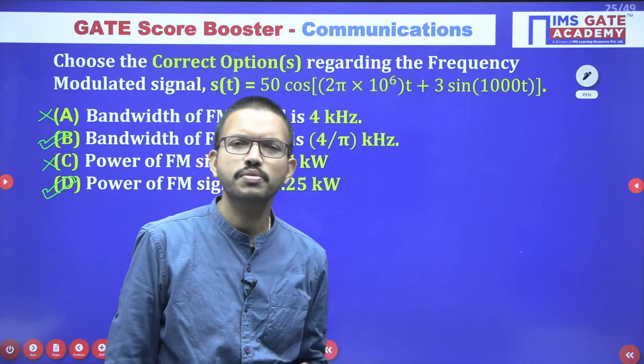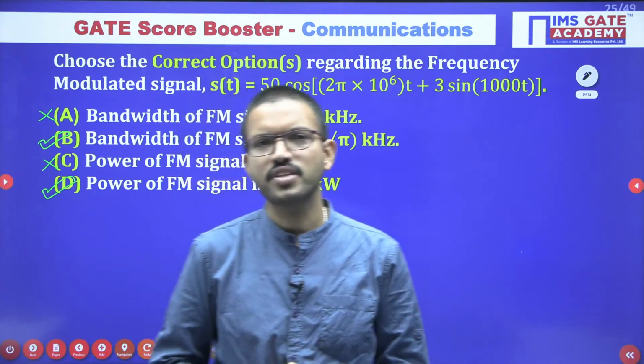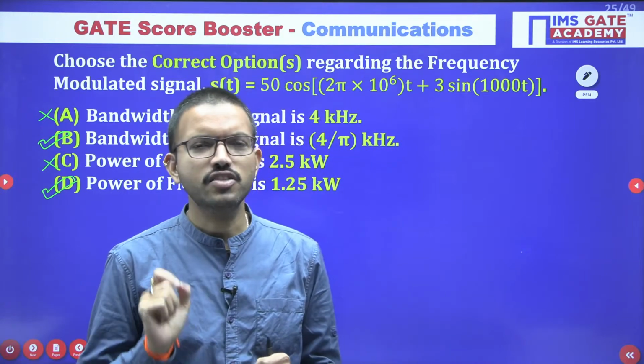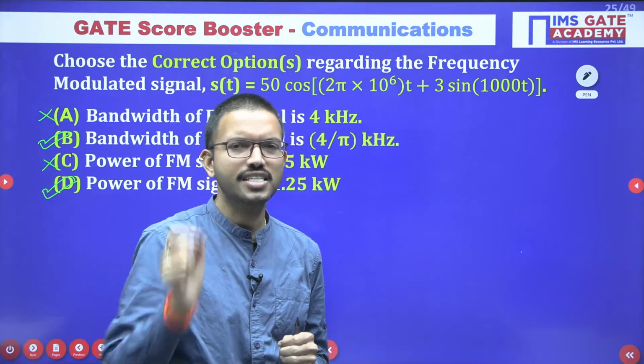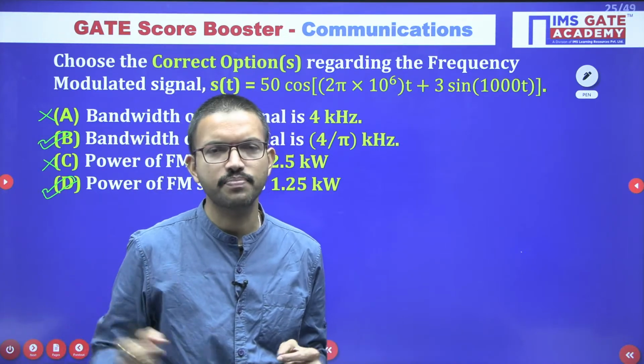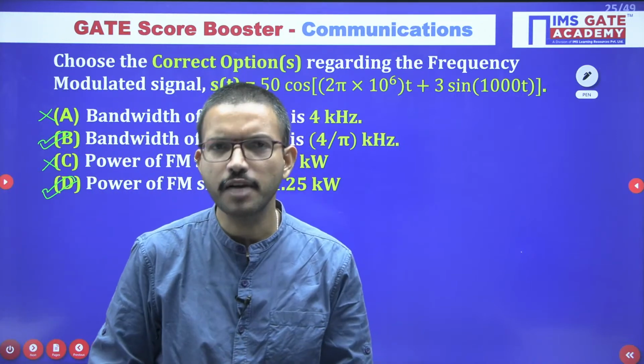Either one option, or 2 options, or 3 options, or at max 4 options can be correct. That means you are solving the given question 4 times. So you should play the strategy of whether to attempt that MSQ at that point of time or later. Whichever MSQ you can solve in less time, definitely attempt at that time.